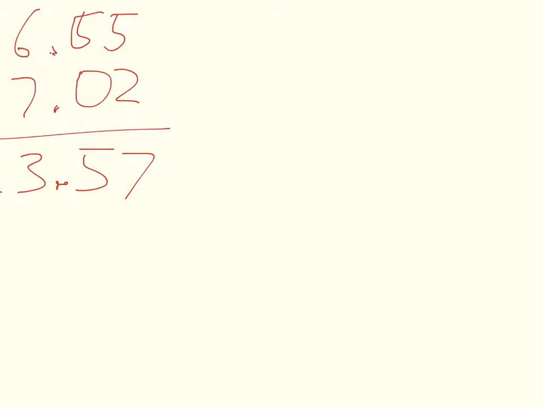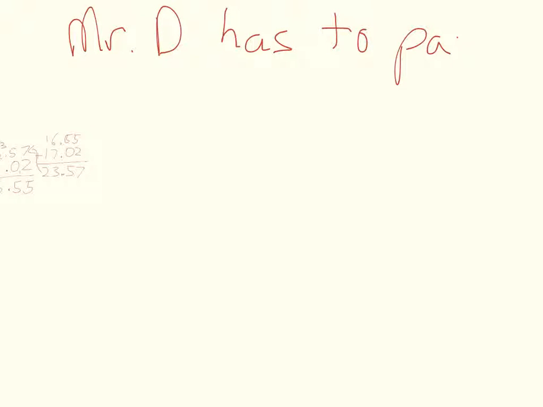What I want to talk about, though, is word problems. Say I were to create a word problem here. Decimals, especially the hundredths, I'm thinking money. So I'm sitting there thinking, okay, Mr. Donnelly, or Mr. D, has to pay rent. Everybody has to pay rent or a mortgage or something.